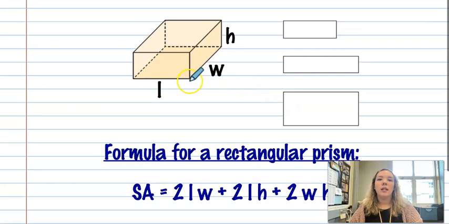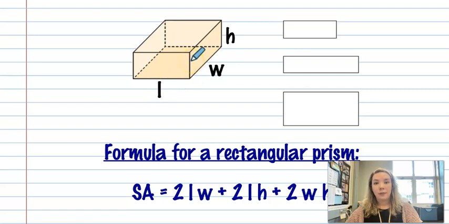But sometimes it's also just easier to think about what's going on in our picture. So if this is my length, width, and height, this first square is going to be length times height. Because right here, that's my height. So I'd have length times height, and then I would have 2 of those, right?